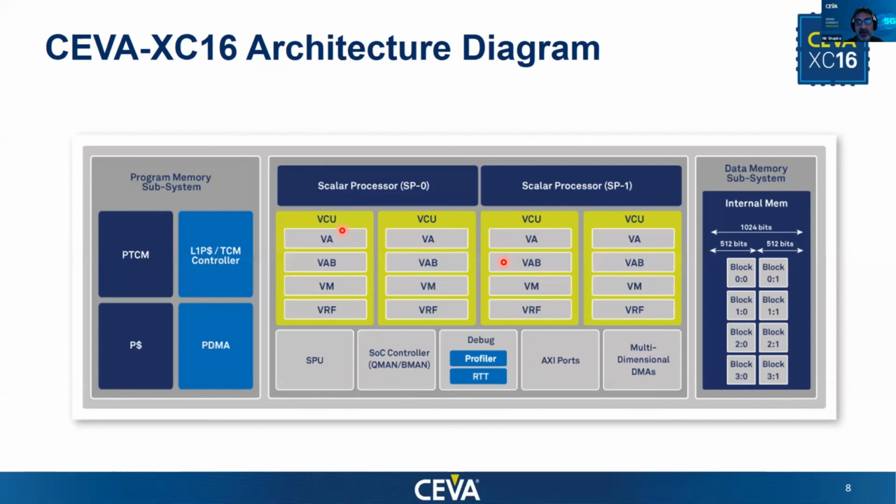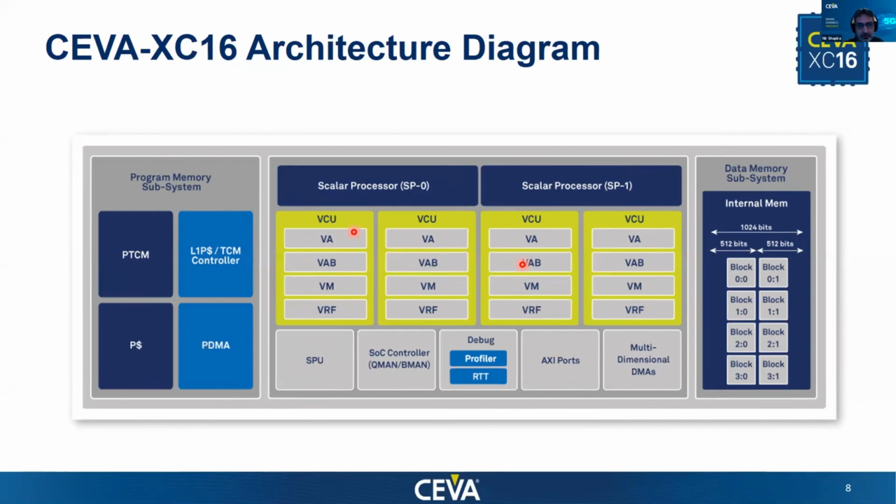So this is like an 8-way VLIW machine. You can imagine that in each cycle, and you can clock this thing at 1.6 gigahertz at 7 nanometer, you can issue 8 instructions for 8 execution units across this very rich architecture.